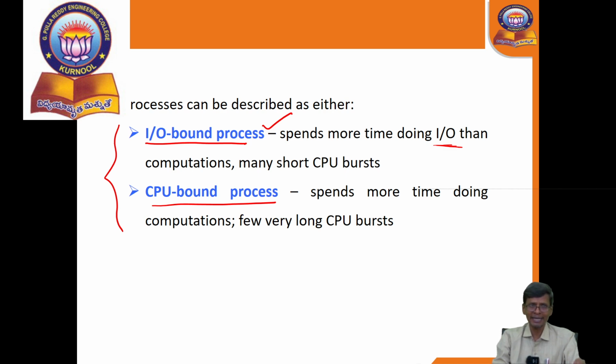Its main time is given to accessing the IO devices. And the second one is a CPU bound process. It is a process which spends more time doing calculations. If it is in calculation for more time, then we can call it a CPU bound process. So two types, CPU bound and IO bound.